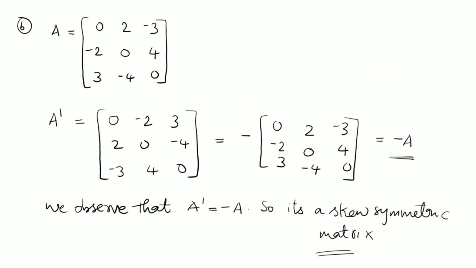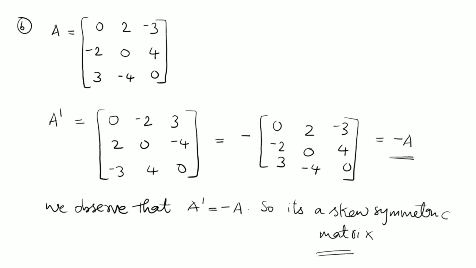Similarly, for a skew symmetric matrix, the condition is A dash is equal to minus A. So you have matrix A, then you have to find A transpose, that is rows interchanged to columns: 0 2 minus 3, that is interchanged to first column 0 2 minus 3. After finding A dash, the condition is A dash is equal to minus A. So then you put an equal sign and then write this minus sign as it is.